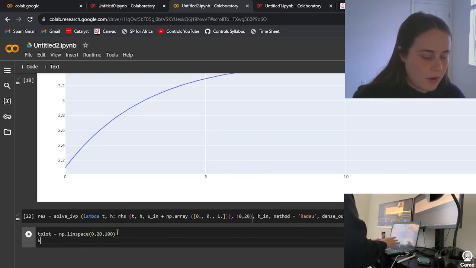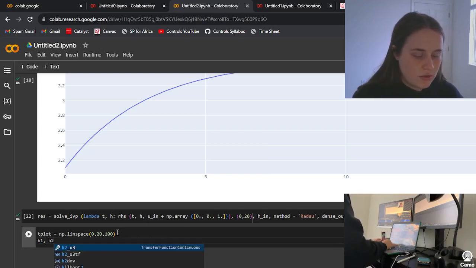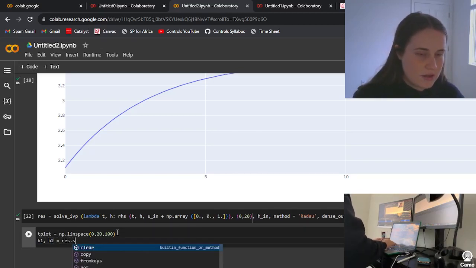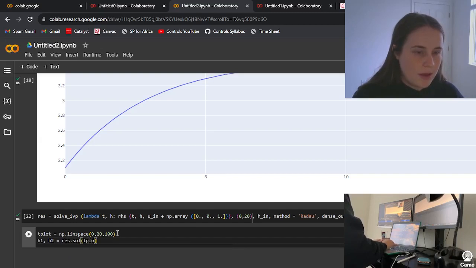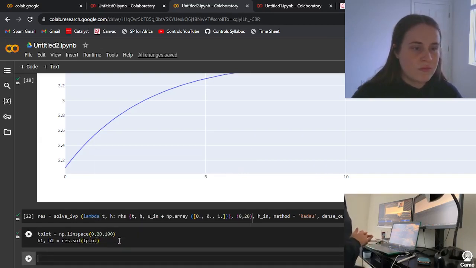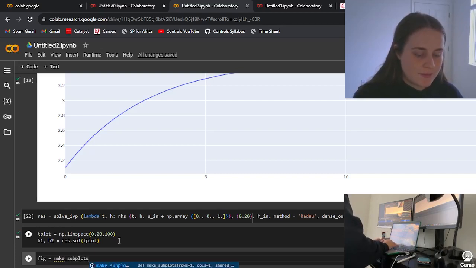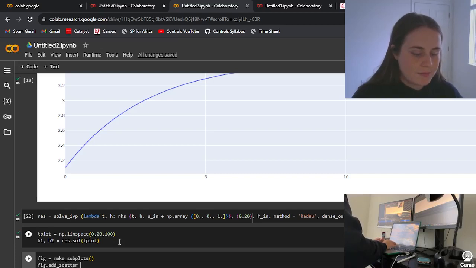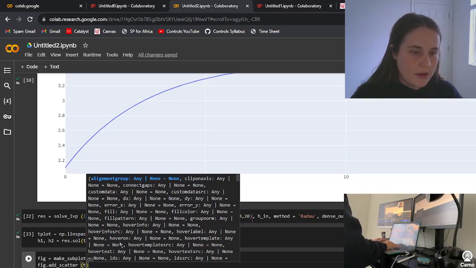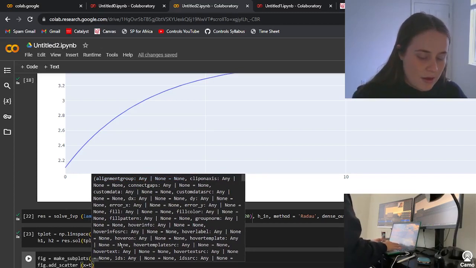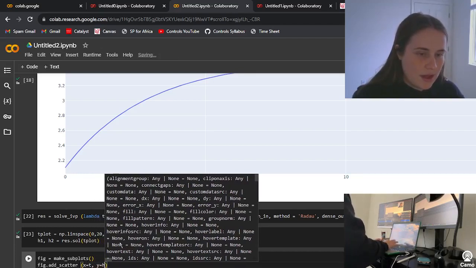Then we will call our h1, h2 equals res.sol(t_plot). Okay, and then we'll start with our figs. Fig equals make_subplots, fig.add_scatter, where x equals t, y equals h.